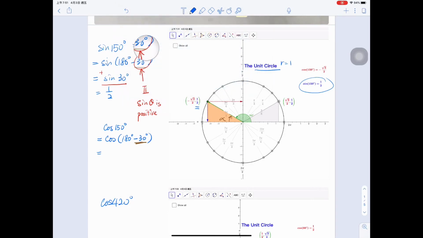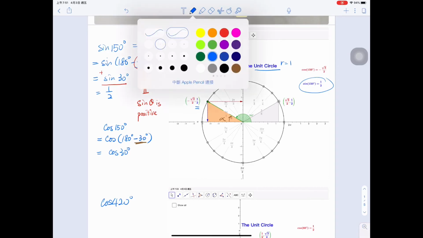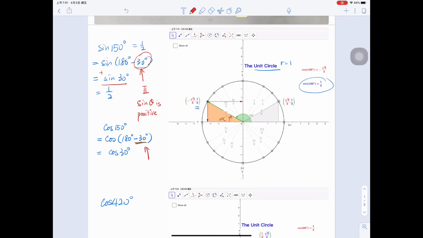So that means this one is related to 30 degrees. However, please remind yourself, cosine theta in quadrant 2 is positive or negative? Yeah, negative. So here is a negative sign. And therefore this one is negative root 3 over 2. Negative root 3 over 2.